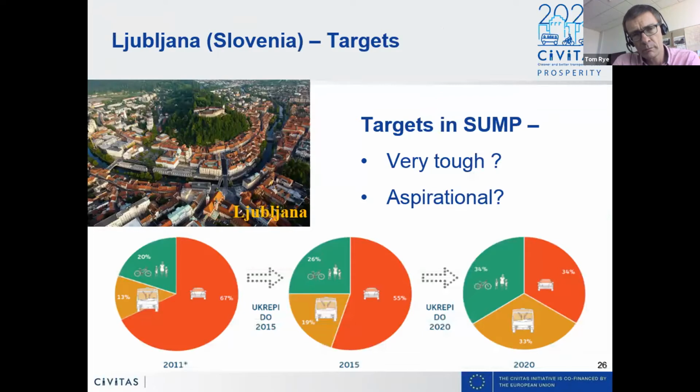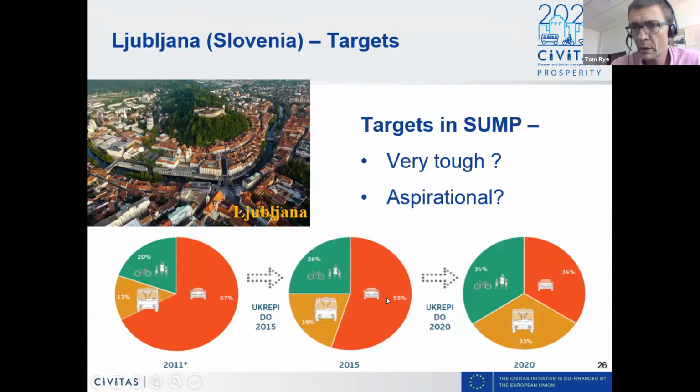Another issue, I think in Ljubljana, this is a case of setting aspirational targets, but these targets are very, very aspirational to the extent where they may be unachievable, and that's a political risk. So we can see there, 2011 situation, 67% of trips by car, 2015, 55% of trips by car, 2020, 34% of trips by car.